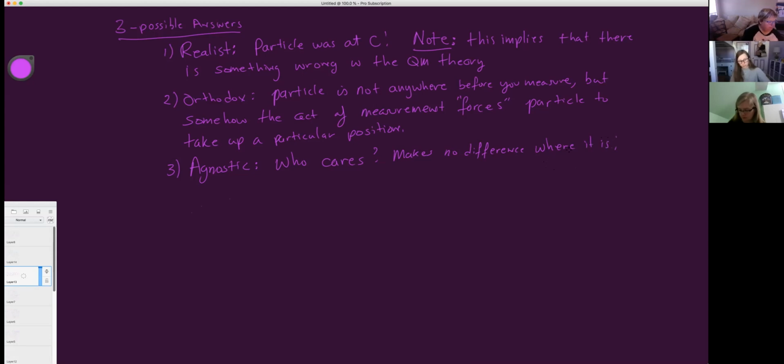Okay. All right. Now, which one of these things is the real what people think is true? Well, in fact, it's not just some kind of philosophical argument. The physicist Bell, I think his name was John Bell, proved with many experiments that have been done over and over again that the orthodox view is the correct one.